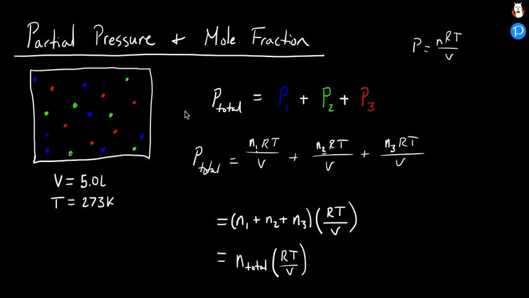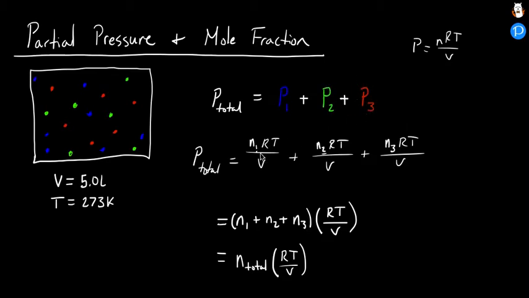For partial pressure, the total pressure of this whole thing is going to be equal to whatever the pressure of gas 1 is, plus whatever the pressure of gas 2, and then plus whatever the pressure of gas 3 is.